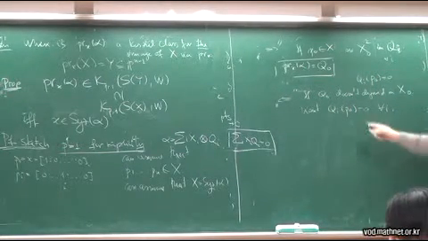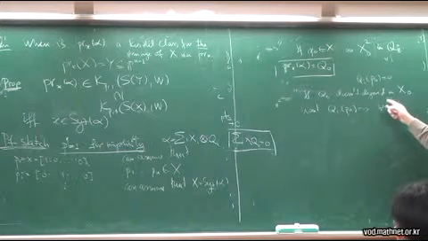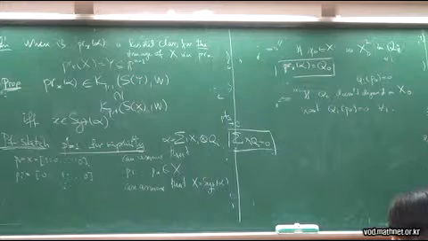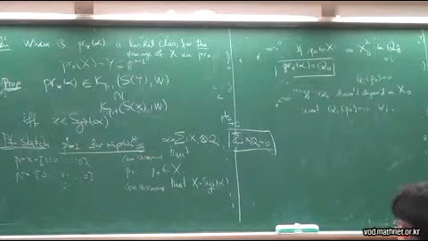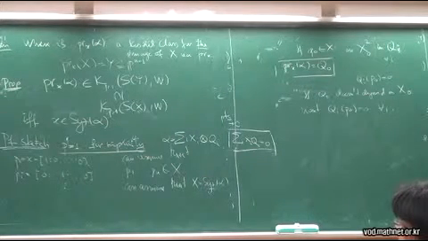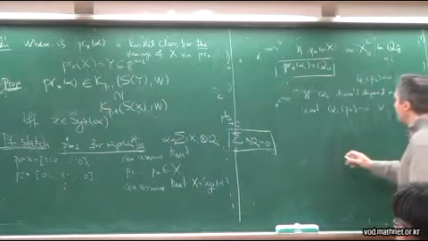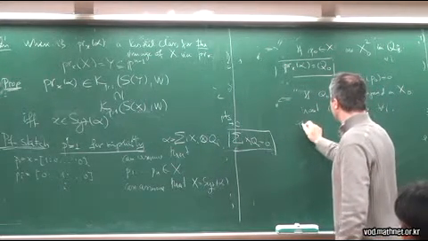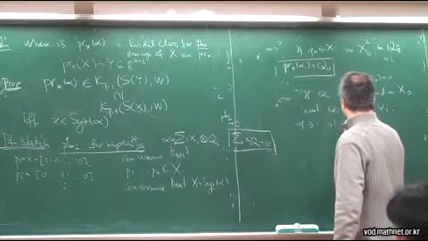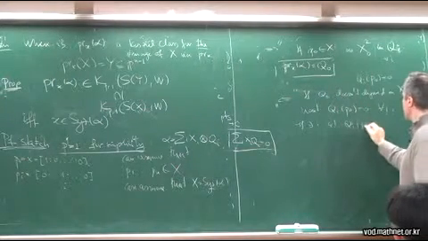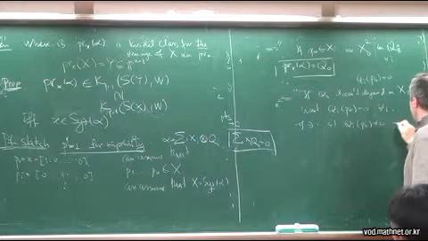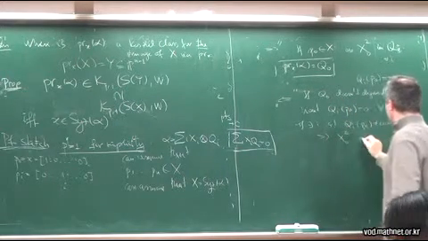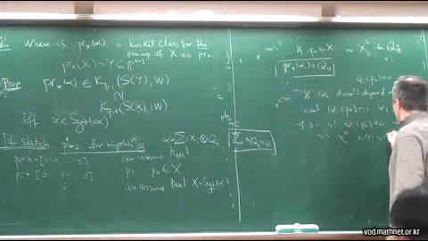Well, for Q0 it is automatic because it doesn't depend on x0. But for the others, we have to prove it. So if there is an I such that Qi of P0 is different from 0, then the monomial x0 squared enters Qi.